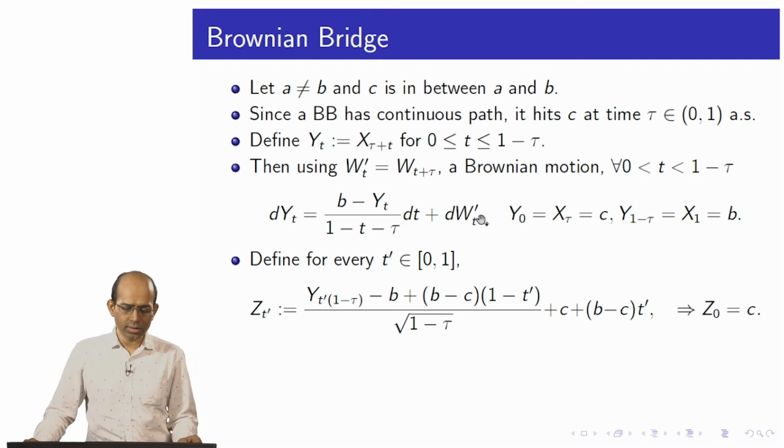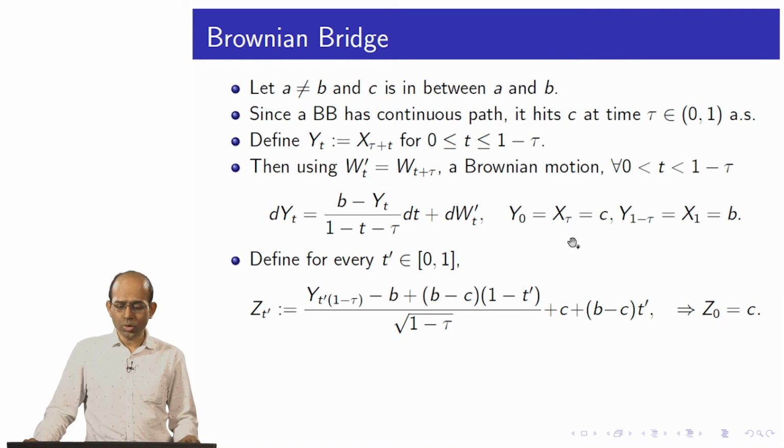So, we get this new SDE for this process y, where y0 is equal to x tau, and x tau is c by definition of tau, and then y of 1 minus tau is x1, because 1 minus tau here is 1 and x1 is b by definition of x.